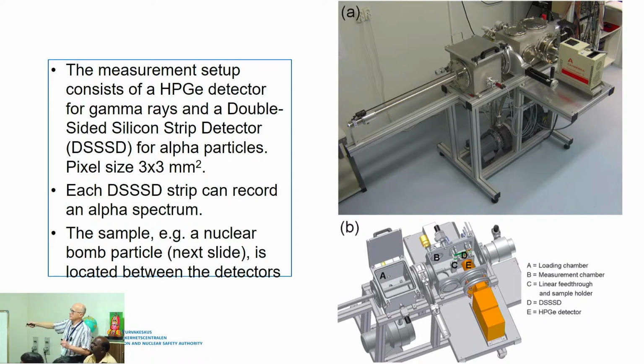The pixel size for that detector is 3 times 3 square millimeters. So it can locate where a hot particle is in the sample, for example.